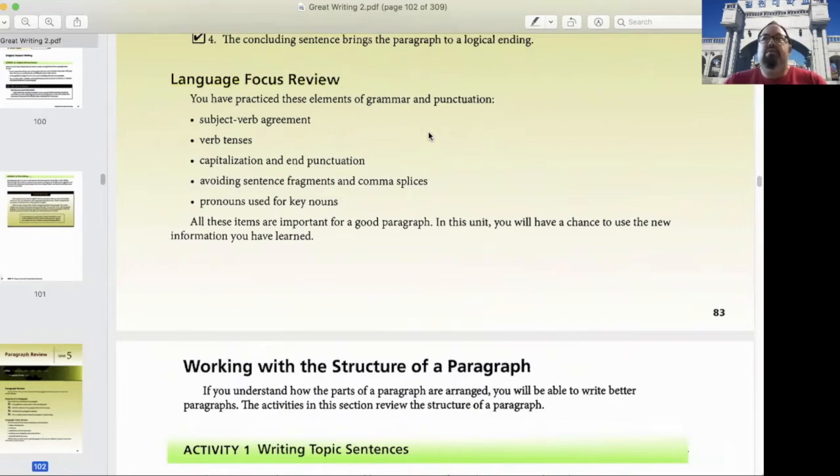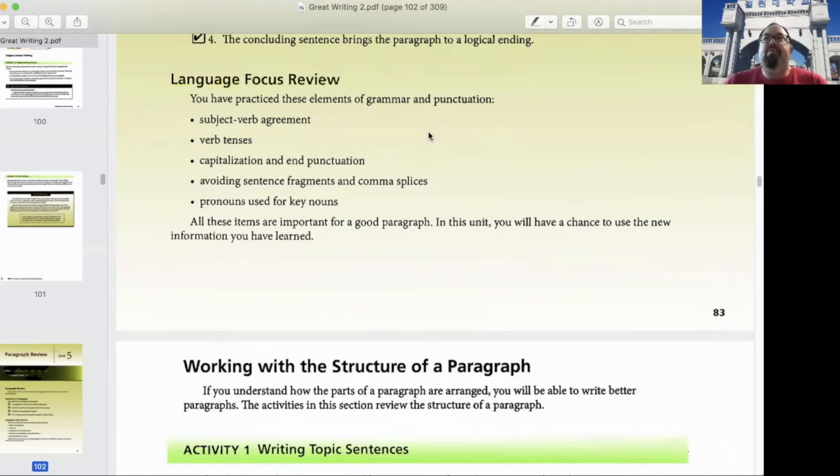For example, if you're describing something that's part of your routine, you're going to use the present simple. If you're talking about, for example, your first time on an airplane, that happened in the past, so you want to use the past tense, and you want to use the right endings for your verbs. We also covered capitalization and end punctuation.